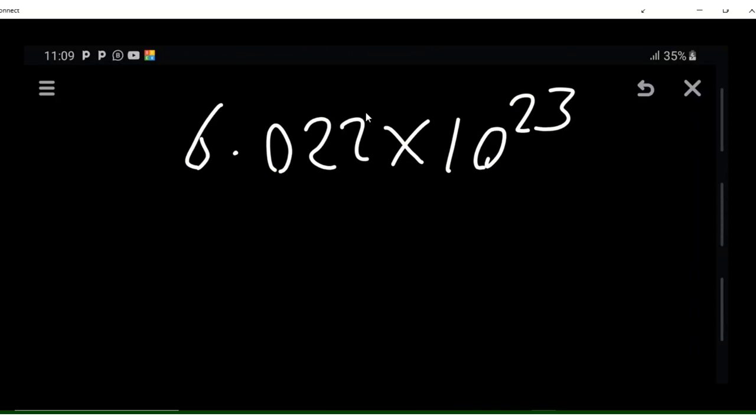So any 6.022 exponent 23 of anything is a mole. A sample of a natural element whose mass is expressed in grams contains 1 mole of atoms.